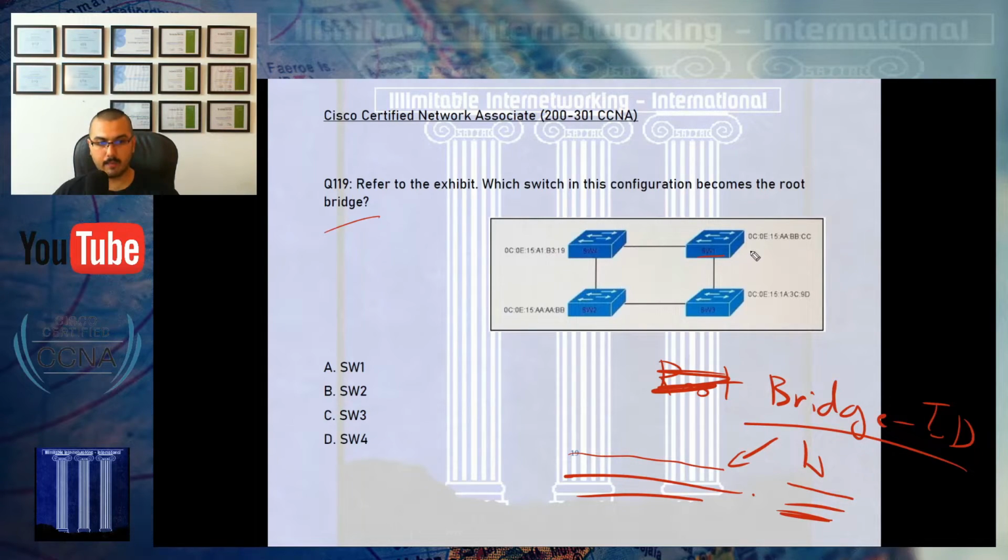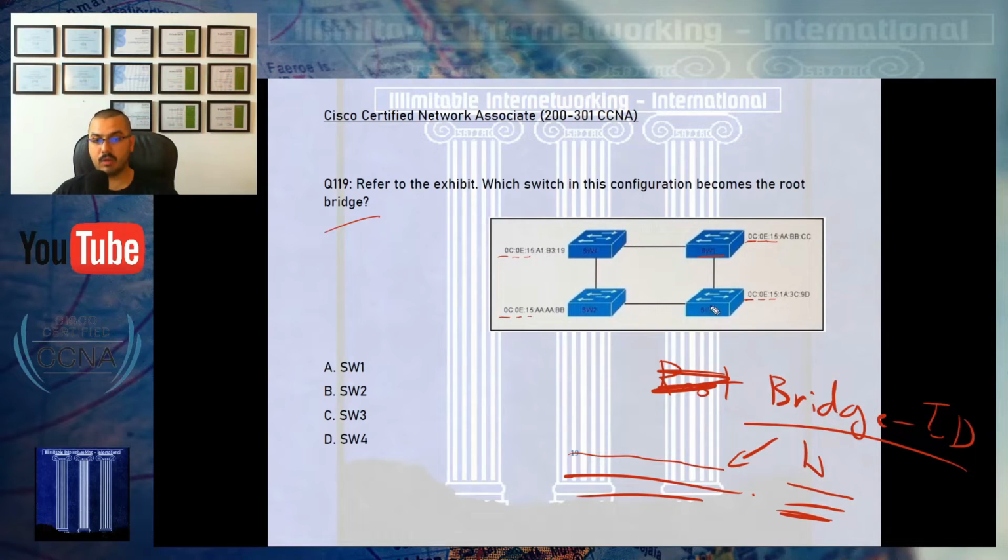Start with switch 1. This will be 0C0E15. Here is 0C0E15. It seems both guys are from the same manufacturer. They have the same first half of the MAC. What's this one? 0C0E15, the same thing.